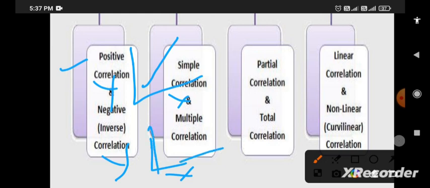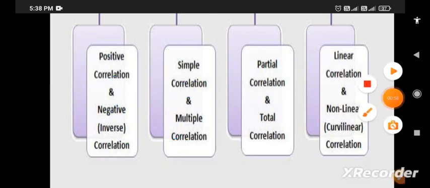That is, if one variable increases, the other variable will decrease. For positive correlation, the correlation coefficient is equal to +1, whereas for negative correlation, the correlation coefficient is -1.